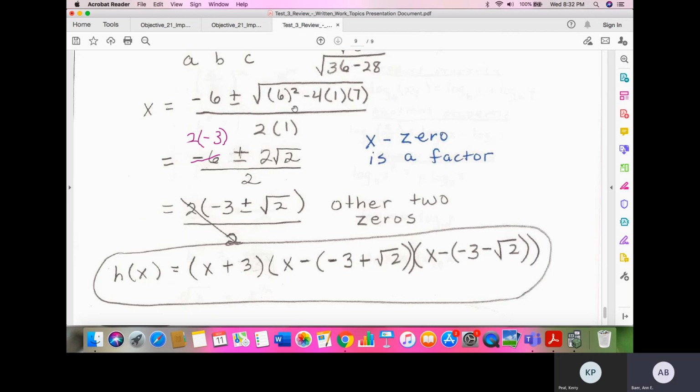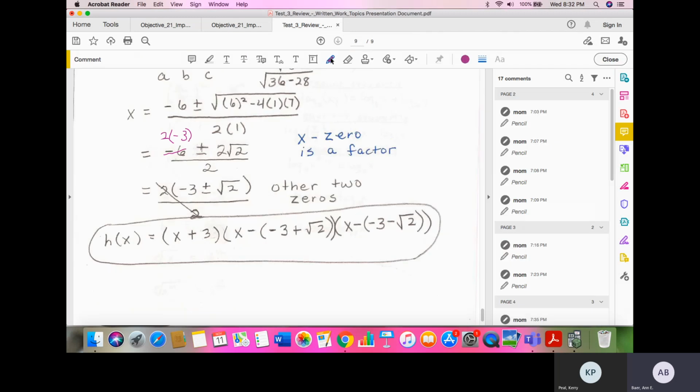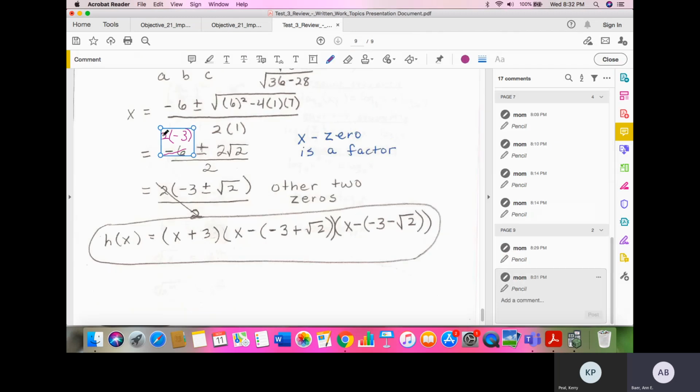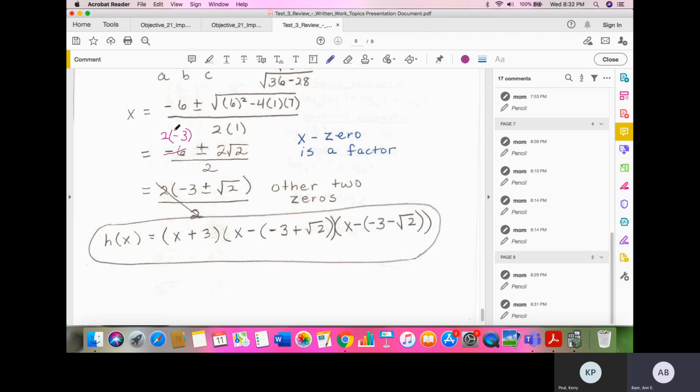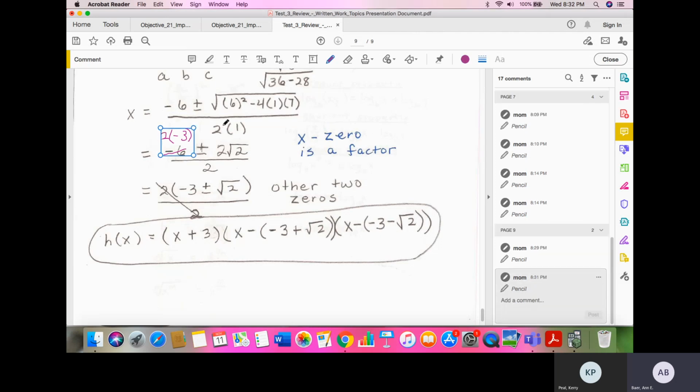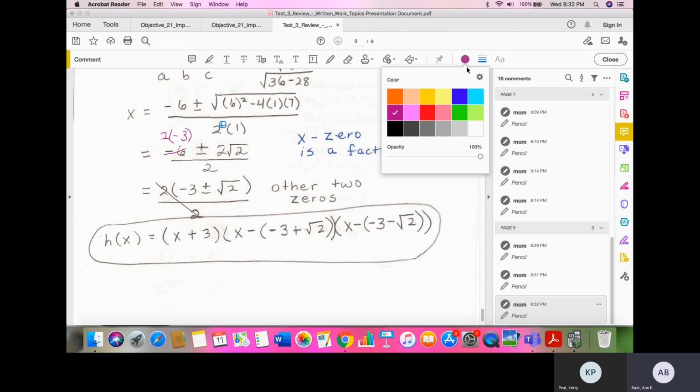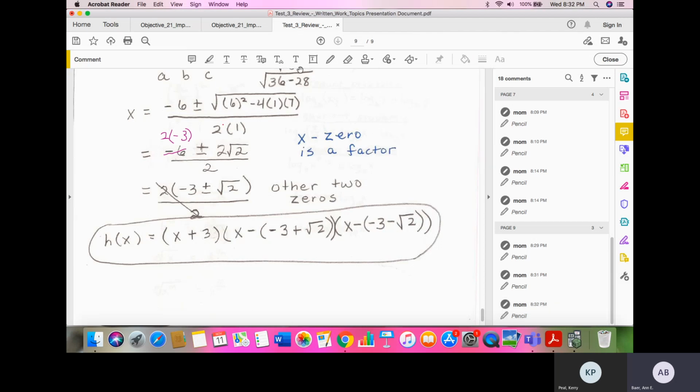If we do that, this 2 went out front, and this 2 went out front.